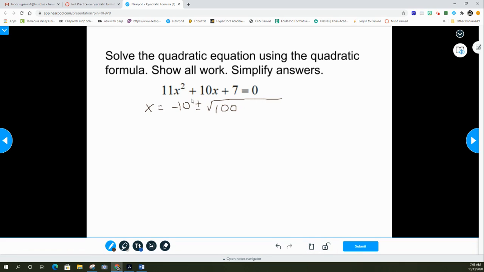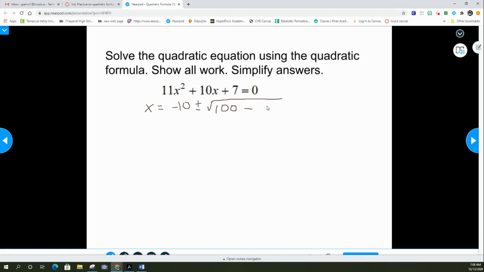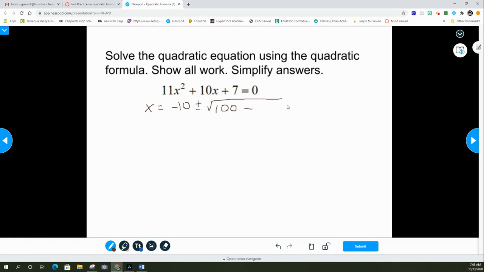Negative 4 times 11 is negative 44 times 7 is going to be negative. So 44 times 7 is 308.